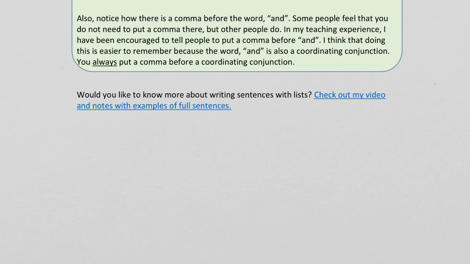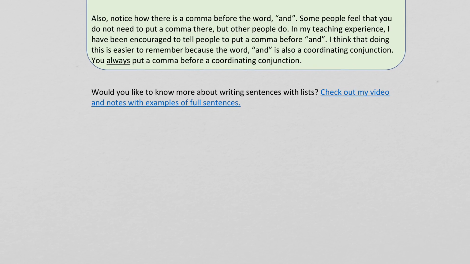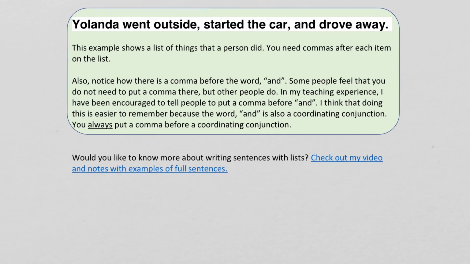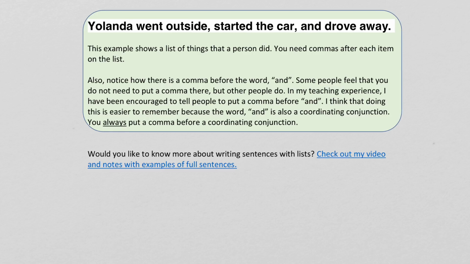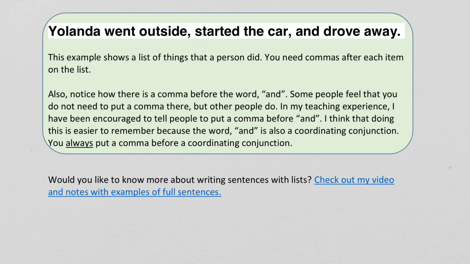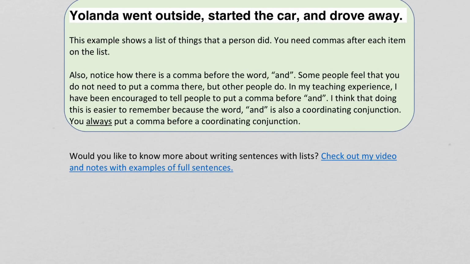I think that doing this is easier to remember because the word and is also a coordinating conjunction. You always put a comma before a coordinating conjunction. So if you've learned it one way, just note that for me, I'm looking for this comma before the word and whenever you have a list of things.